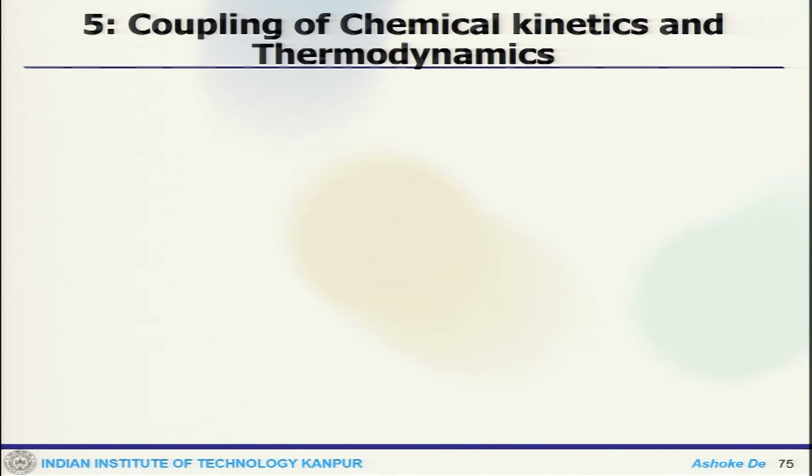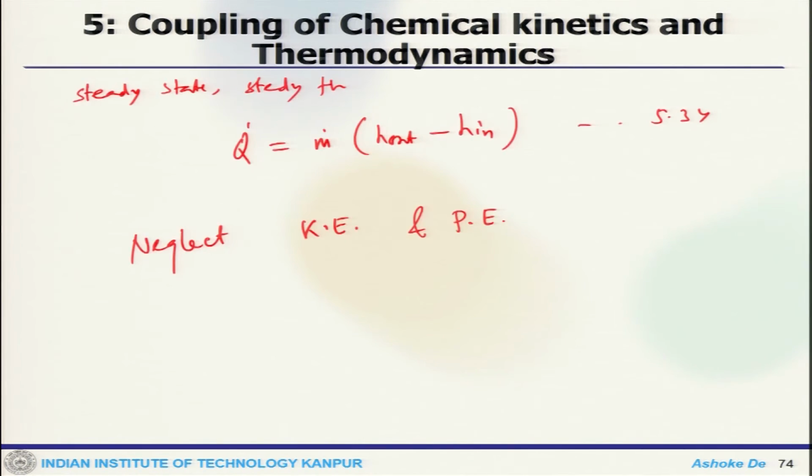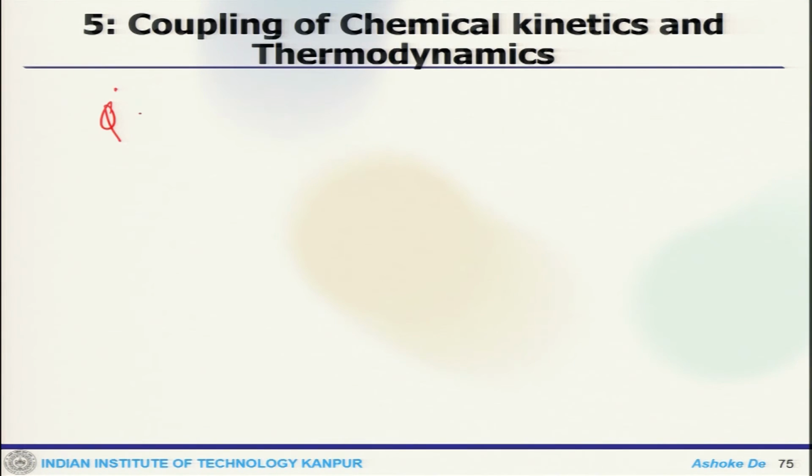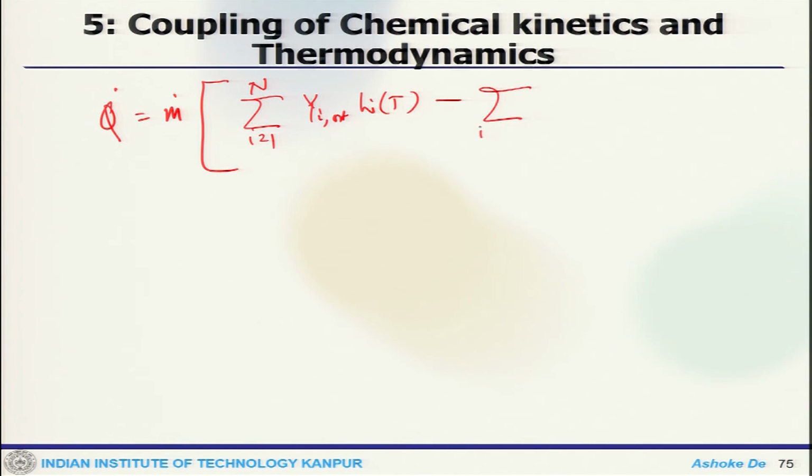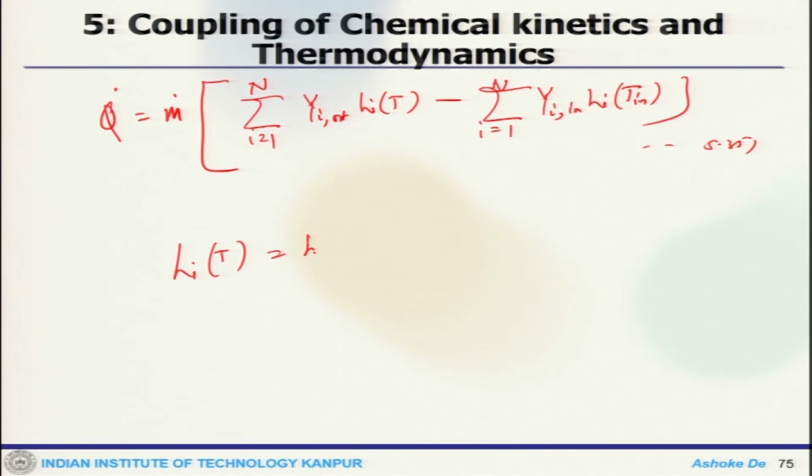So, now in terms of individual species, this equation 5.34 becomes q dot equals m dot times summation I equals 1 to n of h I at T out minus summation I equals 1 to n of h I at T inlet, where h I at T is the enthalpy of formation plus the integral of C p I dT.